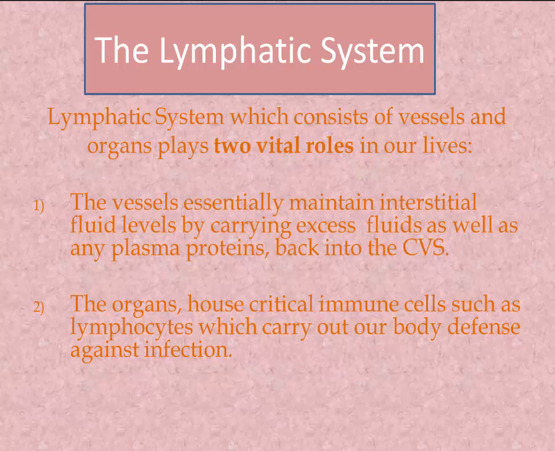The vessels essentially maintain interstitial fluid levels by carrying excess fluids as well as any plasma proteins back into the CVS. 2. The organs house critical immune cells such as lymphocytes, which carry out our body defense against infection.